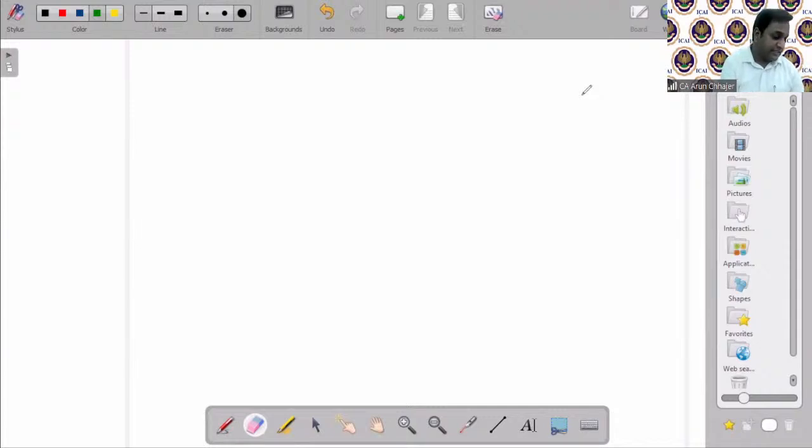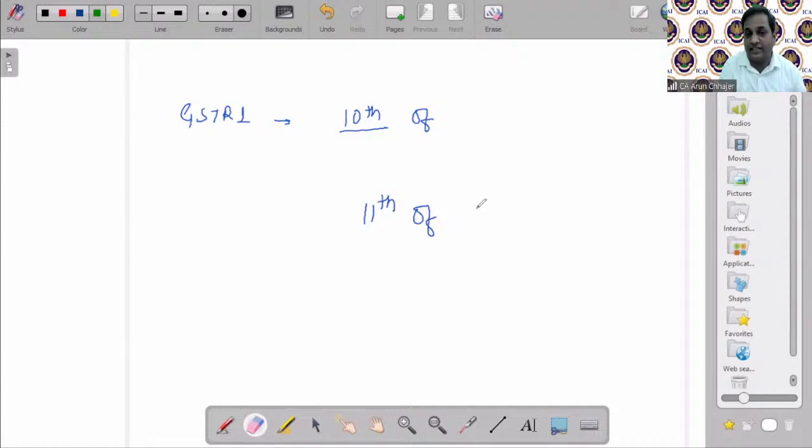Coming back to GSTR1, as per section 37, the due date is the 10th of the succeeding month. I'm talking about monthly GSTR1, the 10th of the succeeding month. But by way of notification, the commissioner has the power to extend the due date, and the due date has been extended to the 11th of the next month.